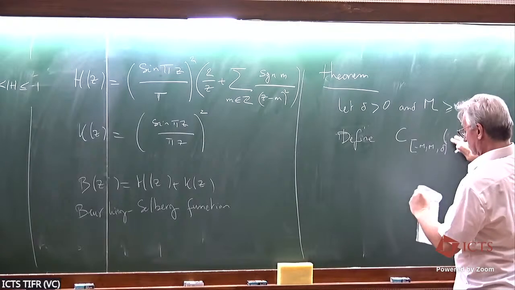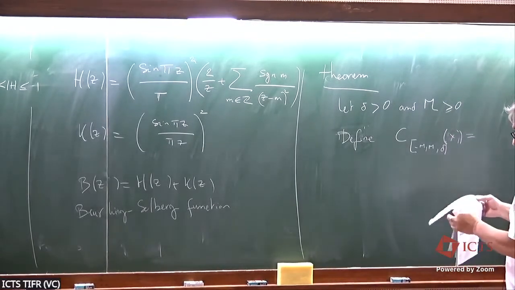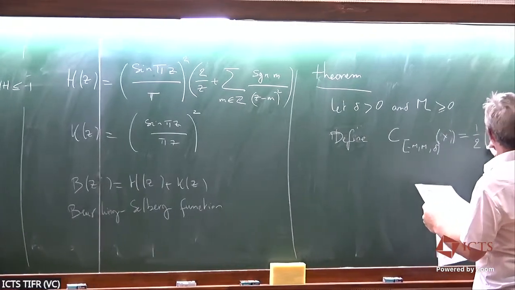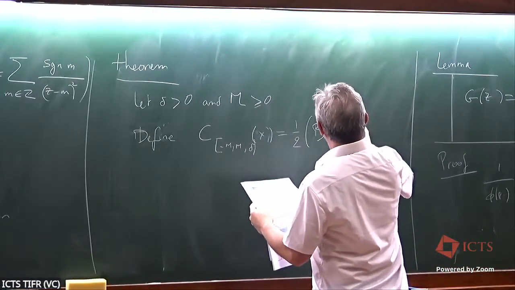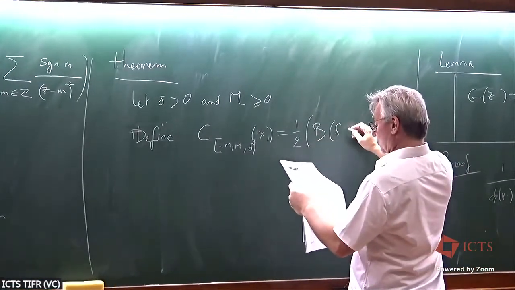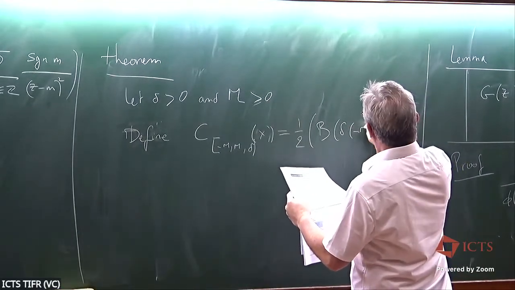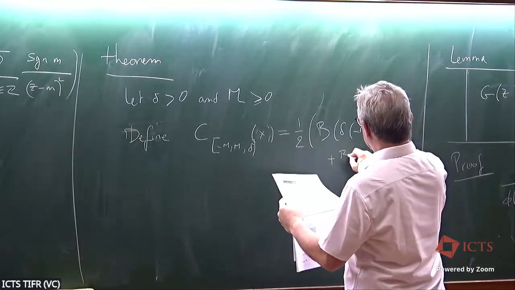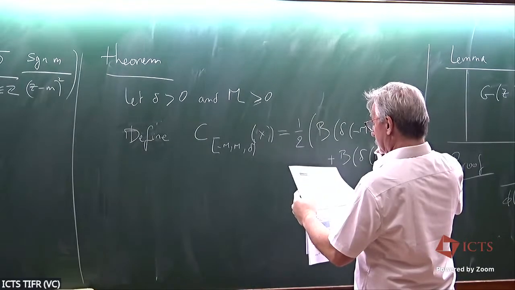Ah, no, not U, X. That's going to be one half of B of delta times minus M minus X plus B of delta times M minus X, should be?